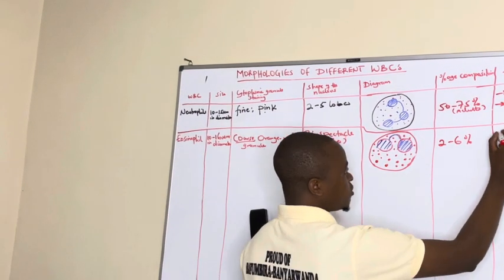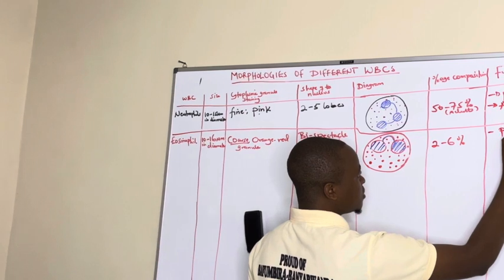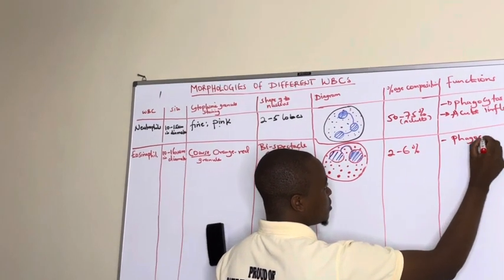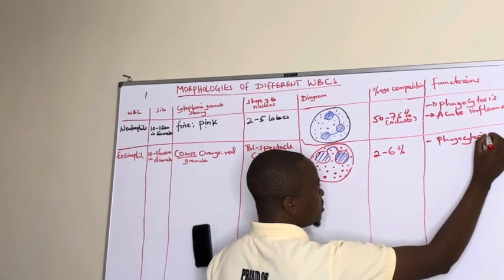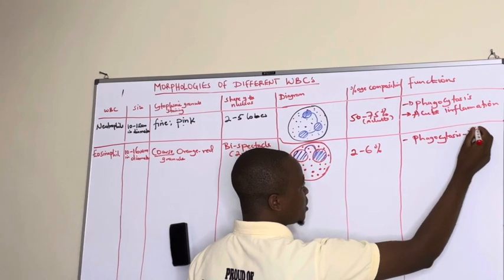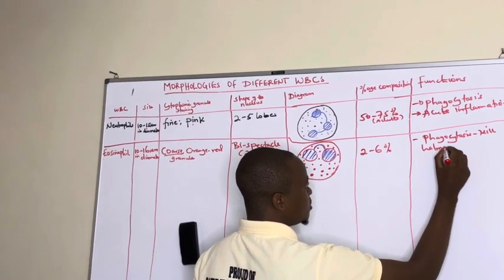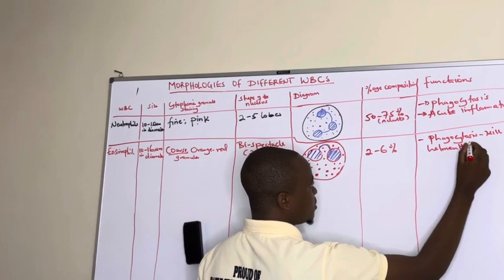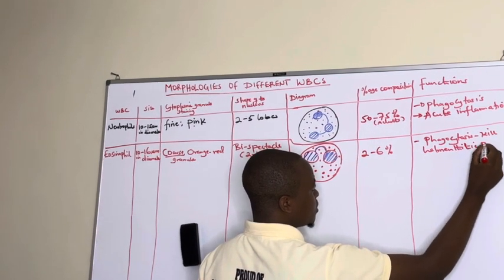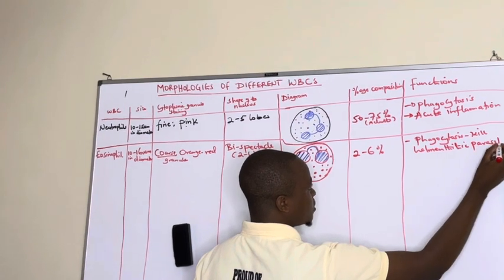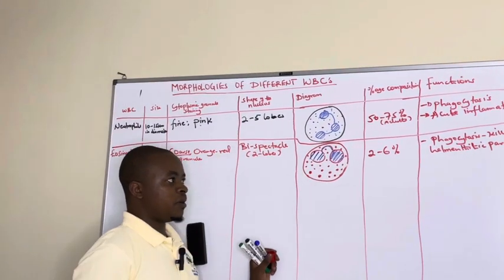And this cell is also responsible for phagocytosis, whereby it kills helminthic parasites like the hookworms. It can kill them.